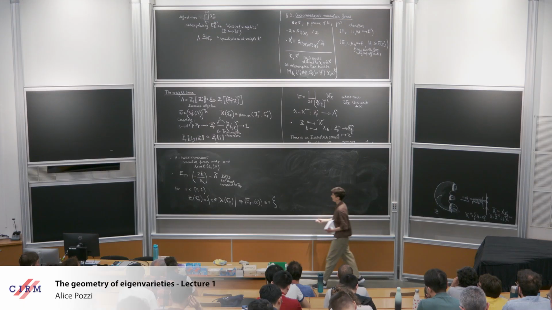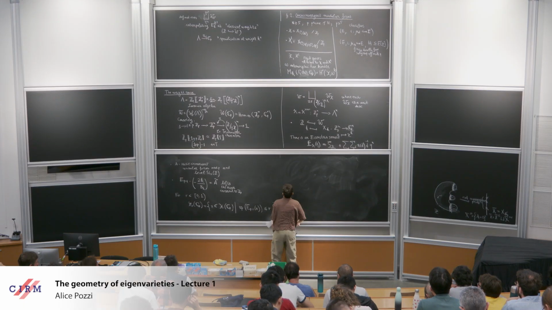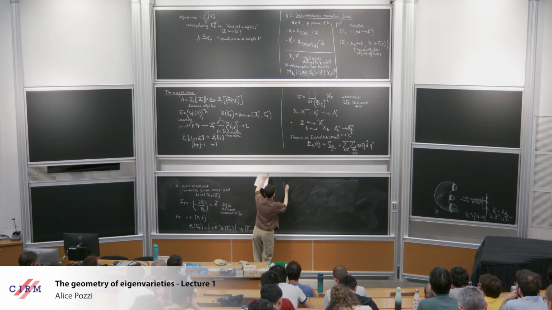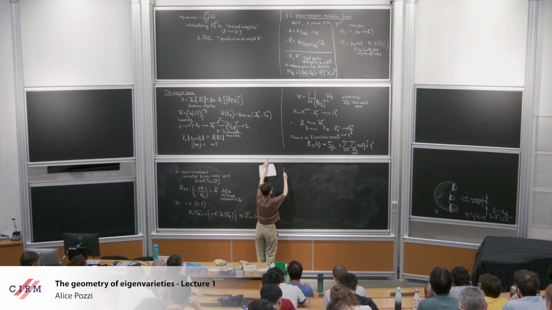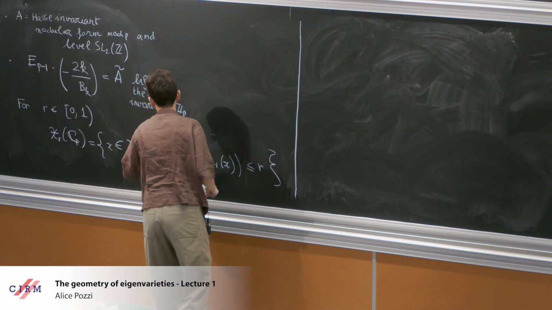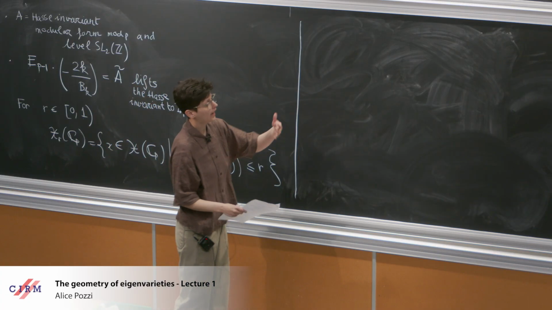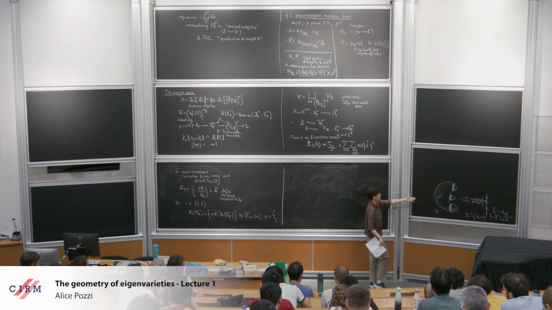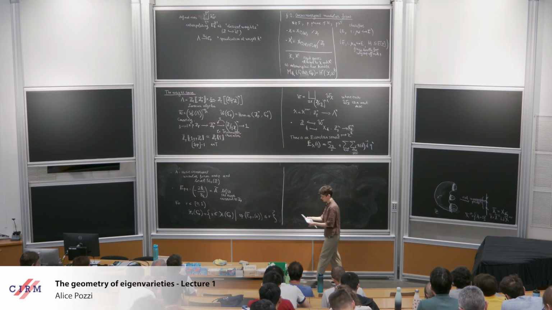So what is the advantage of this point of view? It turns out that if I take r to be 0, recovering exactly the ordinary locus, I have my sheaf of functions, I can take sections of it.